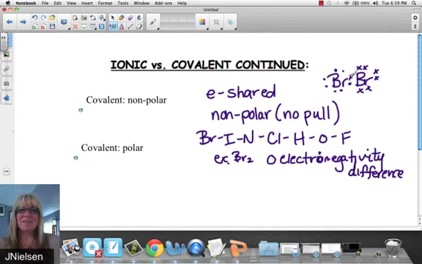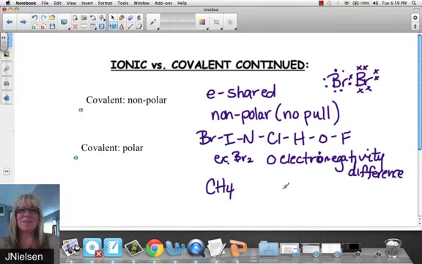So now this Br's got 2, 4, 6, 8, because they're sharing these two in the middle, and this bromine's got 2, 4, 6, 8. They're sharing those in the middle, and everybody's happy. So there's no pull here because the charge is equally distributed. They're sharing equally.